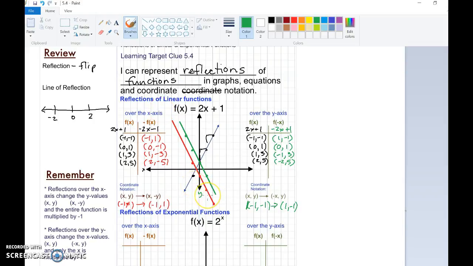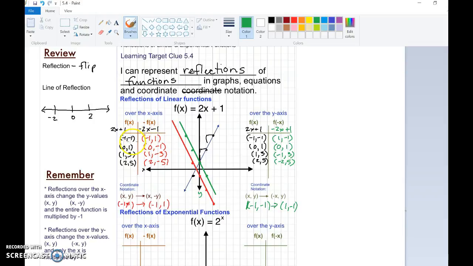And what we found is that reflection over the x-axis in essence takes the opposite of the y values. So for every x, the x stayed the same, but the y became its opposite.